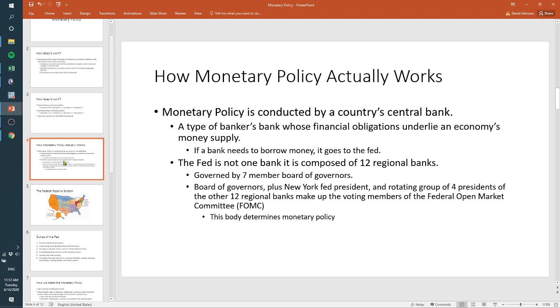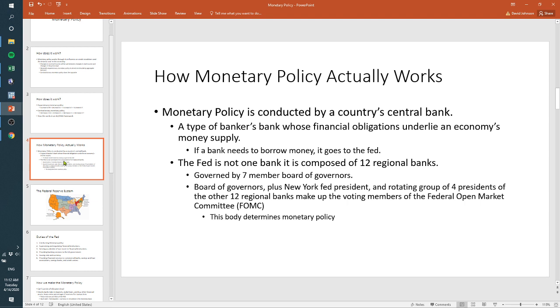Now, you're probably asking yourself, all right, why do we have this rotating coalition of decision makers? And fundamentally, it's because different areas of the country sometimes require different monetary policies.